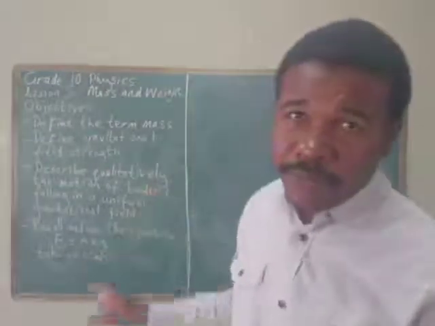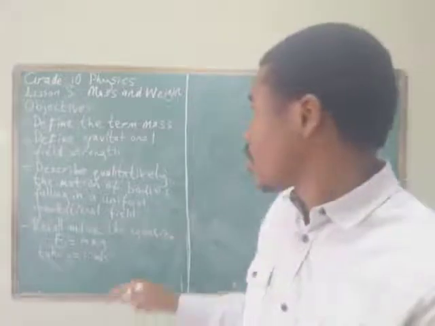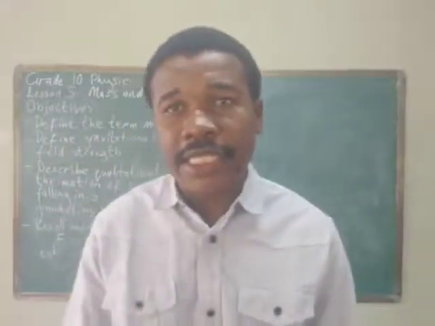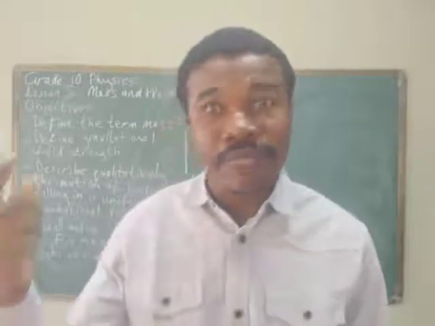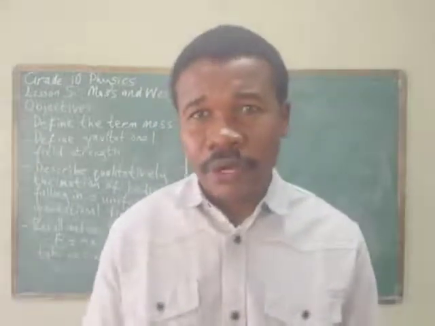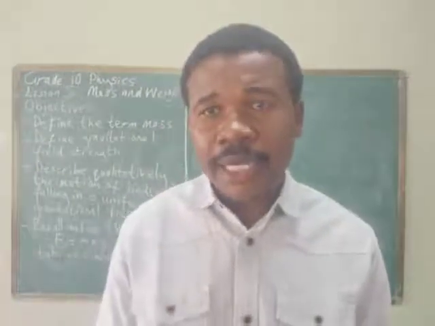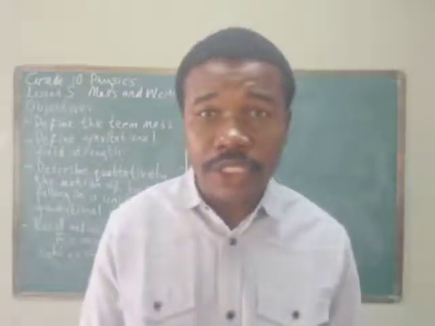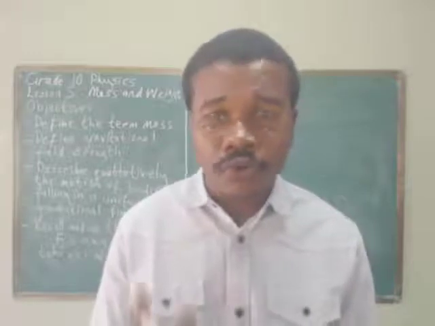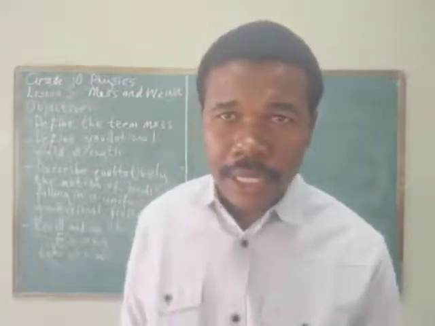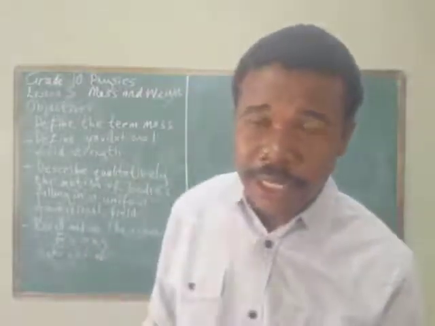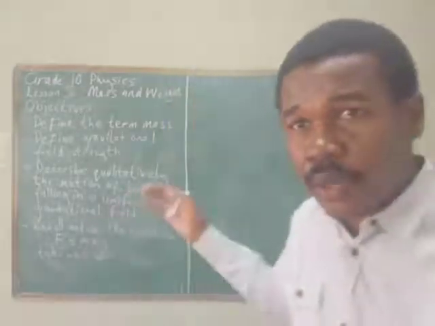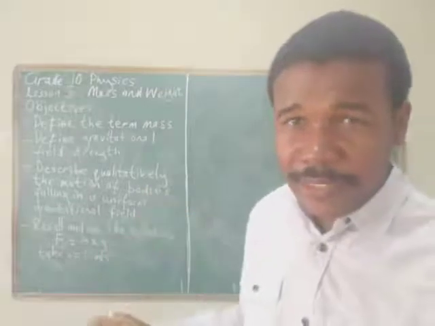This is the new ground where you are describing qualitatively the motion of falling bodies as they fall from the sky to the ground. And also just basically how to use the equation for determining weight or force as being mass multiplied by the gravitational field strength. Right, so these are our objectives for today's lesson.